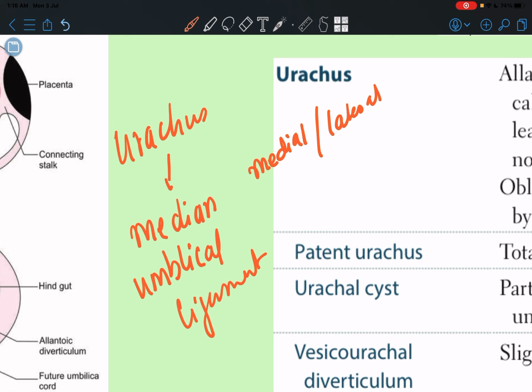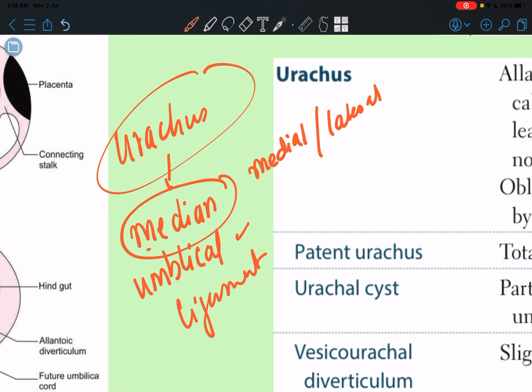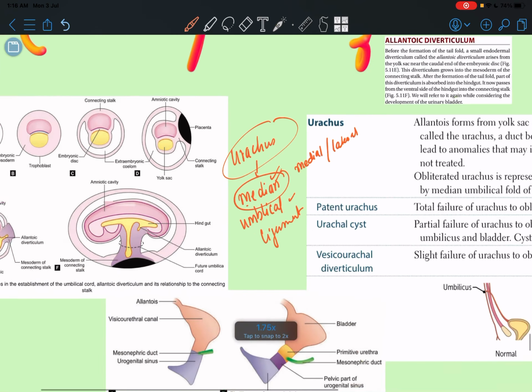They are in a pair or multiple pairs. But with the urachus, we only have one allantois, one urachus. So there is only one remnant. That's why it's the median umbilical ligament. Apart from its location being median, a fun way to remember is there's only one urachus, so it will obviously be the median umbilical ligament.